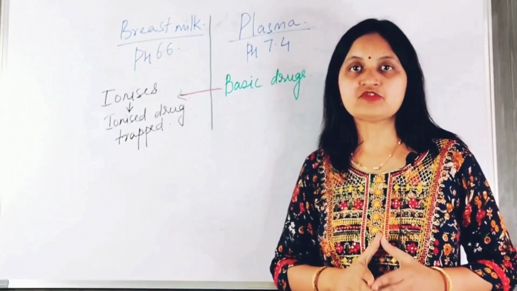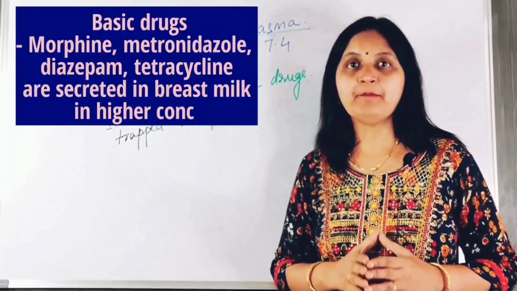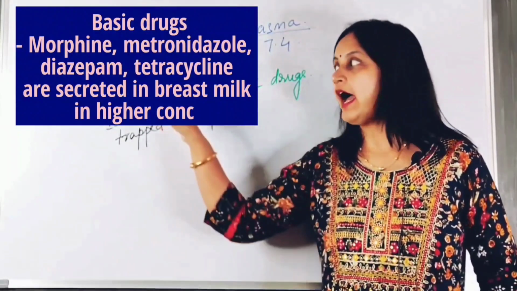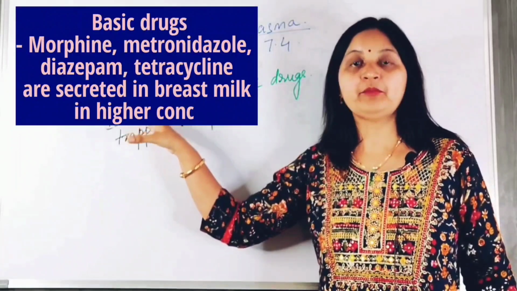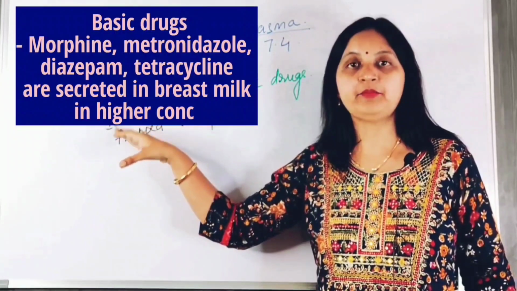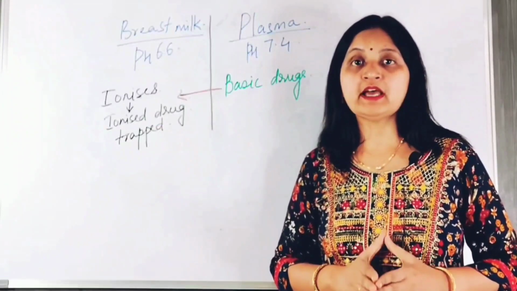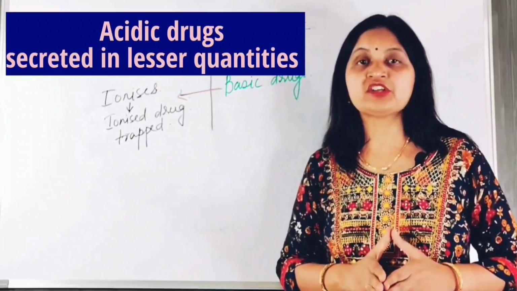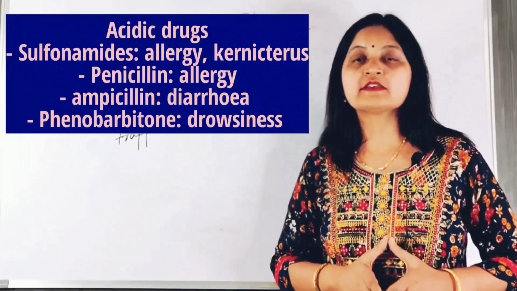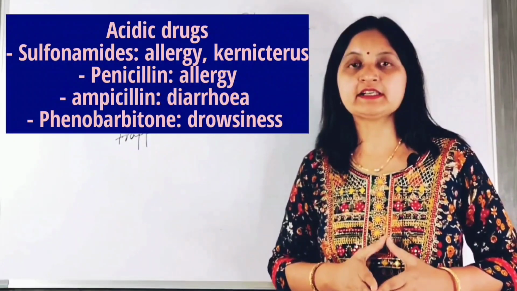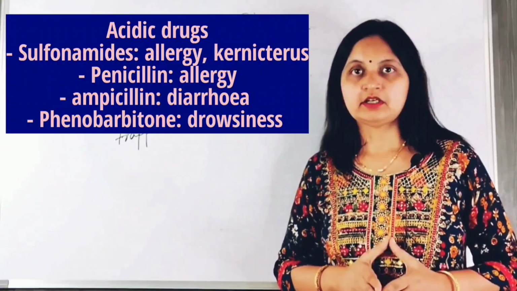Therefore, basic drugs such as morphine, diazepam, metronidazole, tetracycline, chloramphenicol ionize and are trapped in breast milk and are secreted in breast milk. However, acidic drugs, although they are excreted in lesser concentration in breast milk, can cause side effects. For example, sulfonamides can cause kernicterus and allergy.